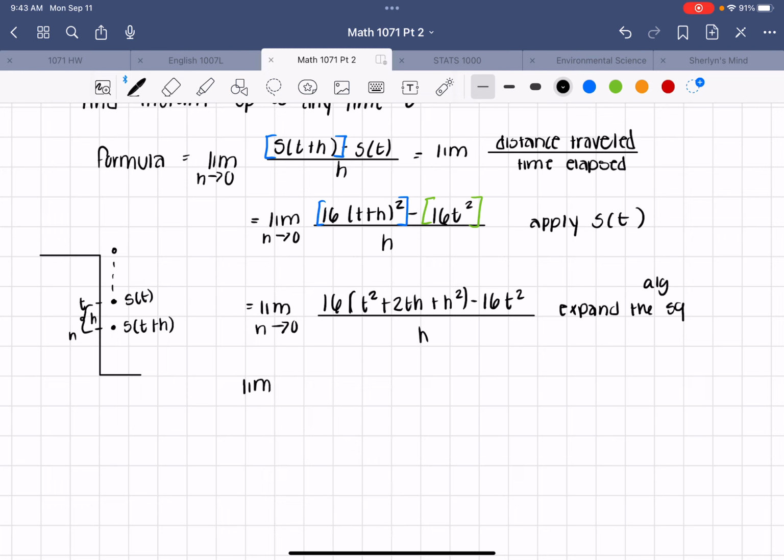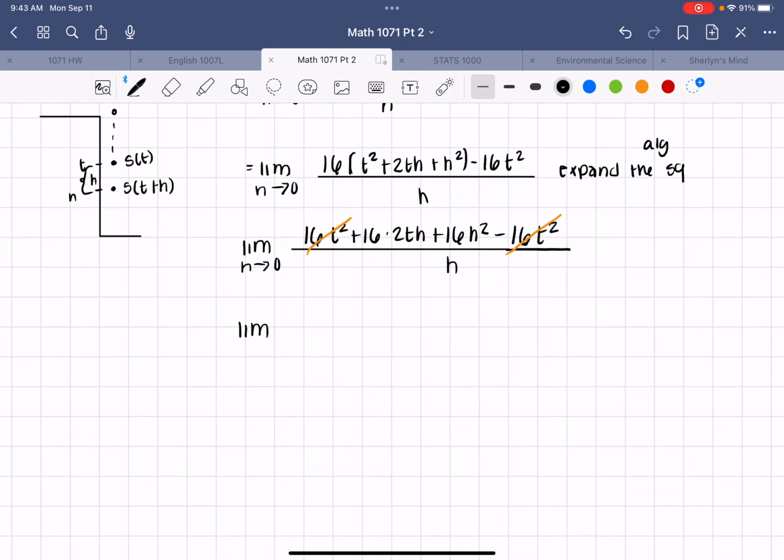I'm going to recopy, but maybe you would do this in your head, which is fine. 16 times 2th plus 16h squared over h. Now you see I've got two terms in the numerator. Factor out the h. That's the limit as h goes to 0 of h times 16 times 2t plus 16h, over h.